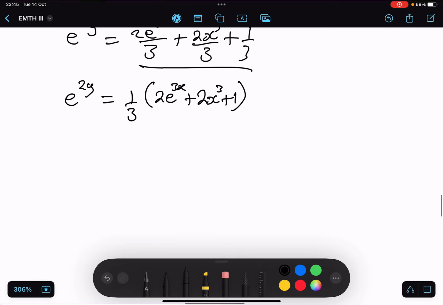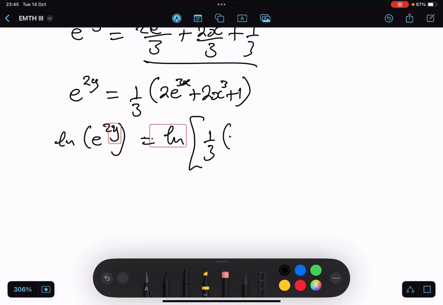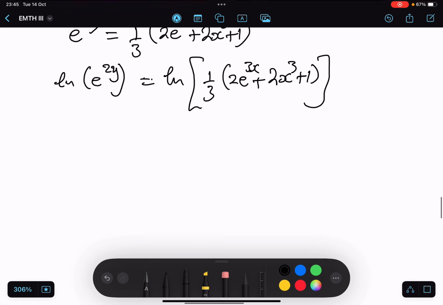And then from here, I want to make y the subject of the formula. So I can introduce ln on both sides: ln of e^(2y) equals ln of 1 over 3 times (2e^(3x) + 2x cubed + 1).